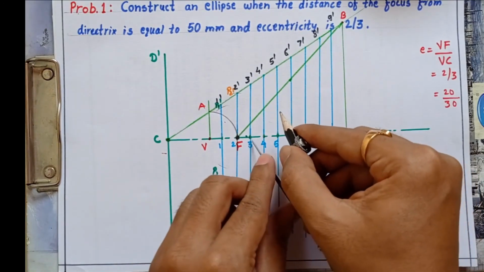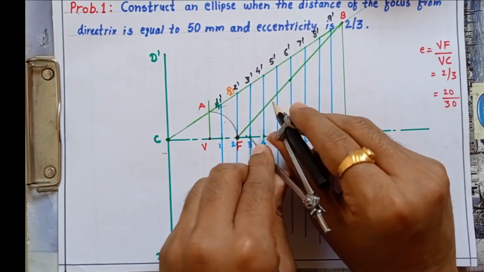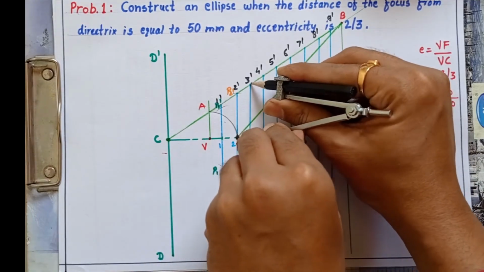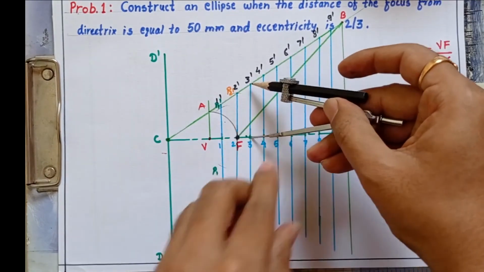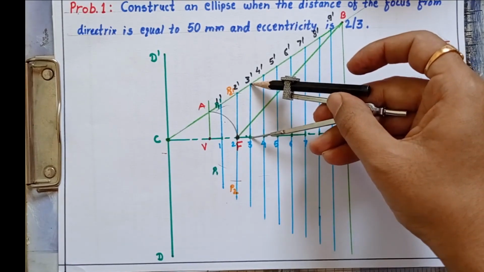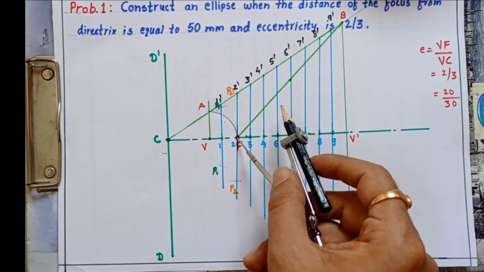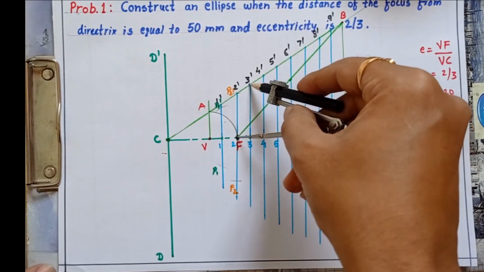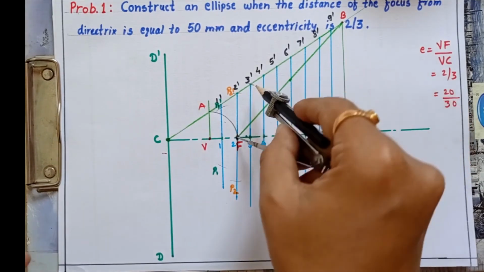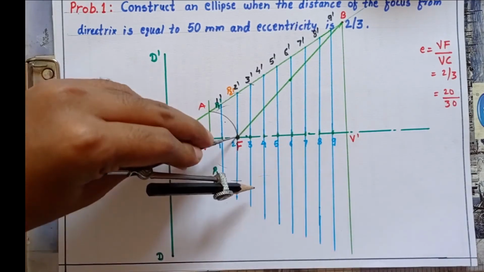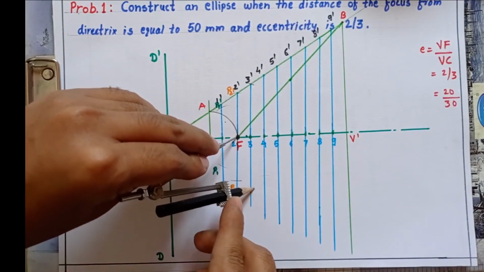Further on, carry the distance in your compass that is equal to 3 dash, 3 dash. With F as a center, cut the line passing through the points 3 and 3 dash. It will get cut over here, and it will be cut in this lower direction as well.